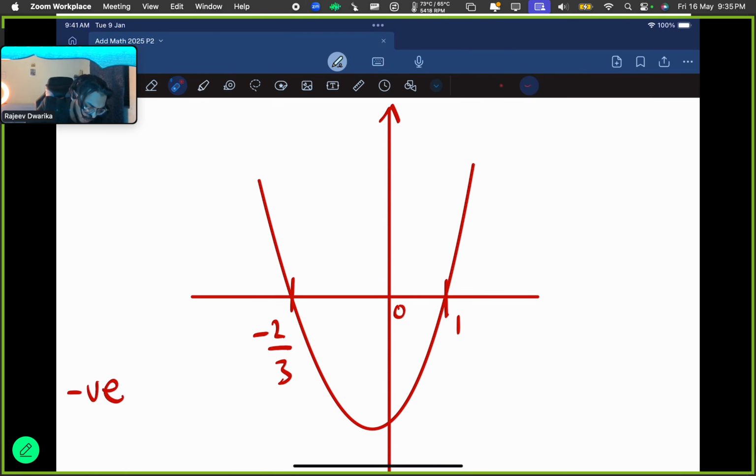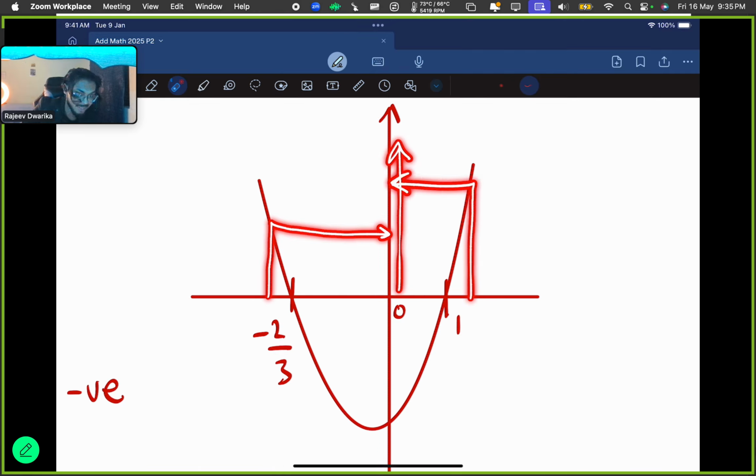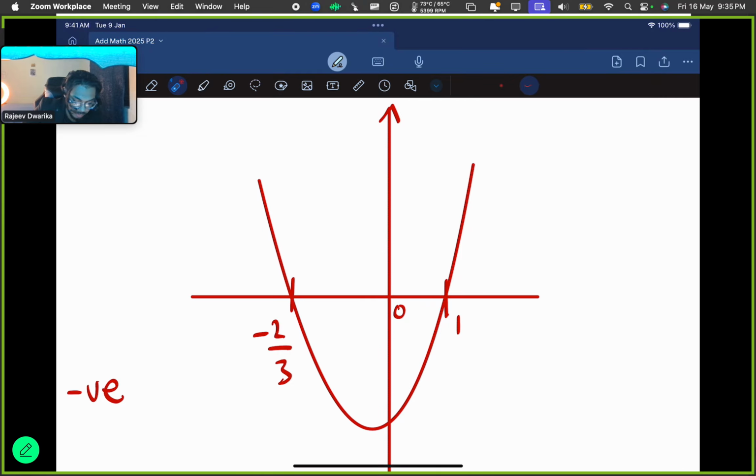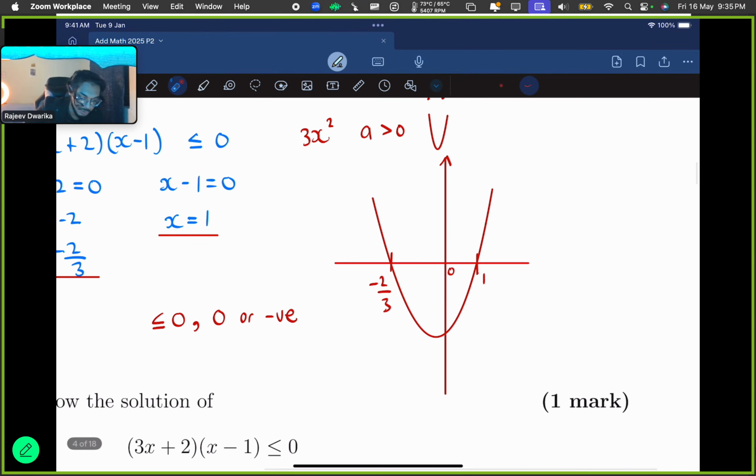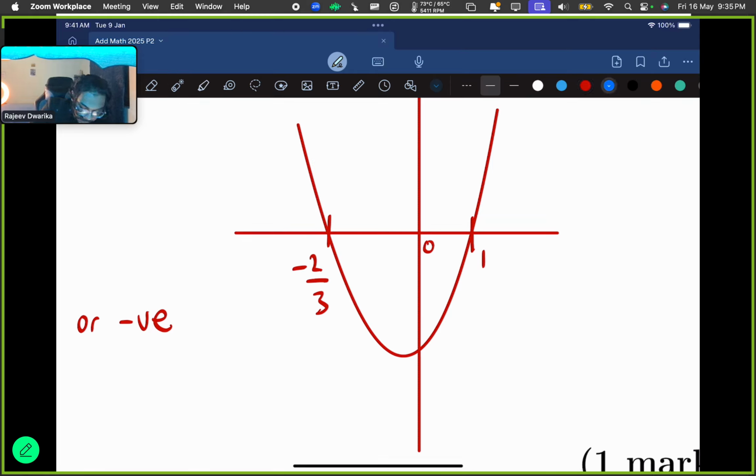What if I take a value that's less than minus 2/3? What happened in there? It's a positive y, because all of that is the positive values, right? Let me try over here now. Positive or negative? Positive x, positive y. Right, so that can't be it. So my solution lies inside, between the values minus 2/3 and 1. Let me know if that makes sense.